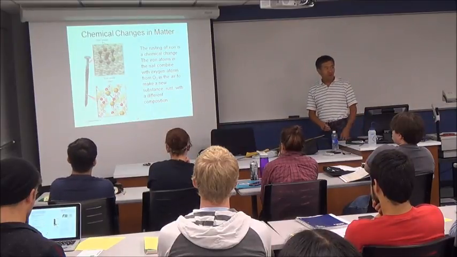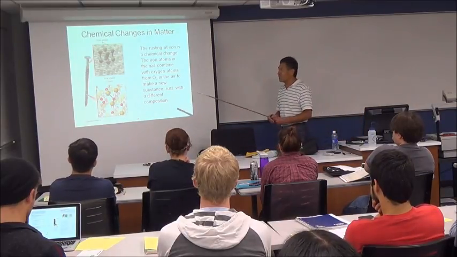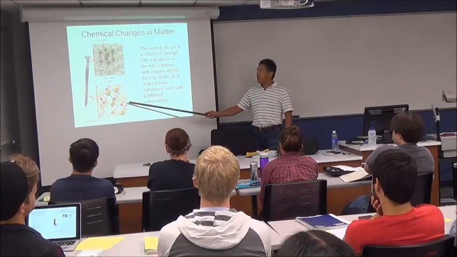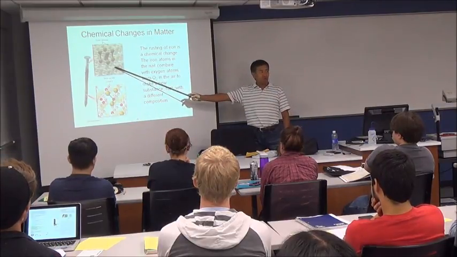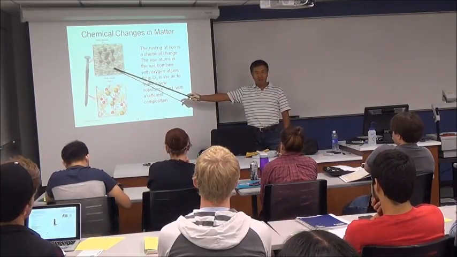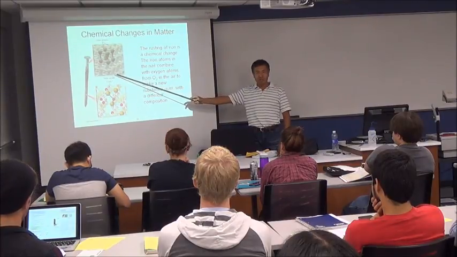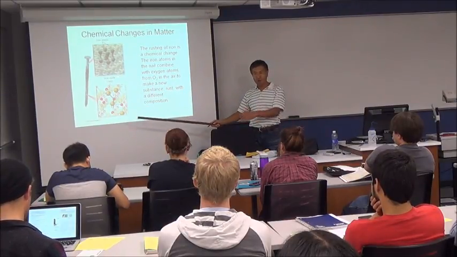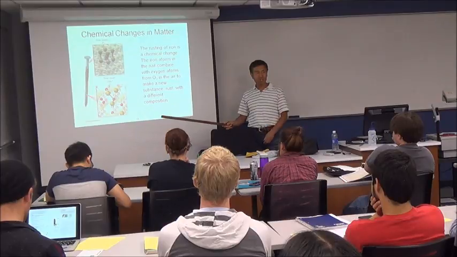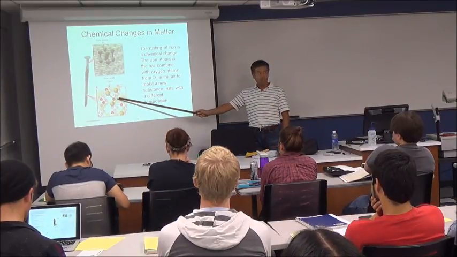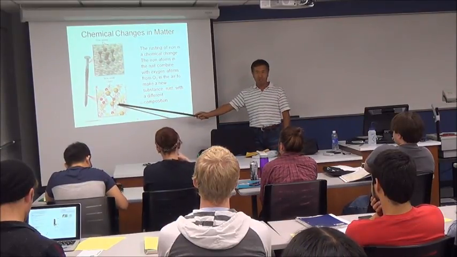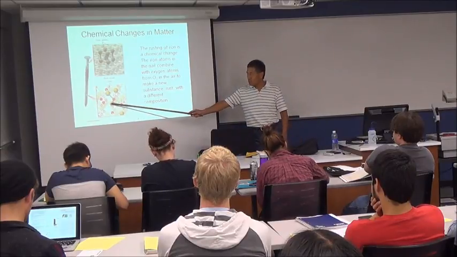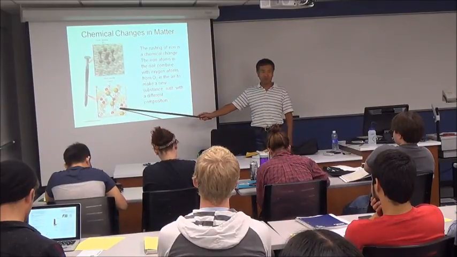And in the second process, you're starting with 2 elements. Remember, 1 element is iron, those guys, and the other element is O, so 2 red balls. And now you have this called the rust. And you don't have this yellow to the red before the process.